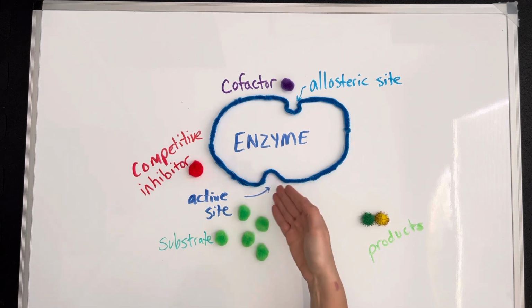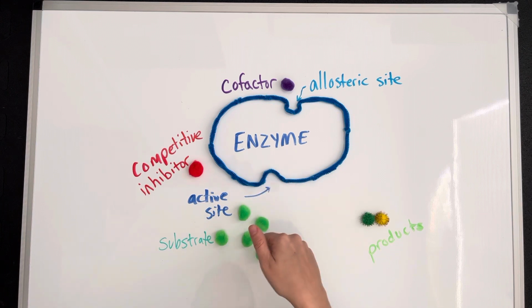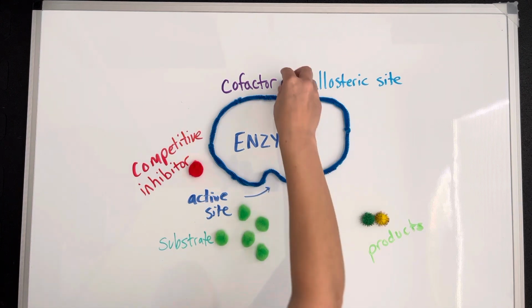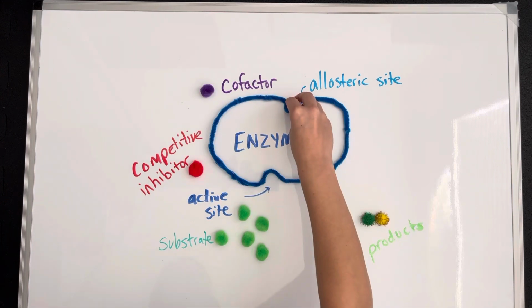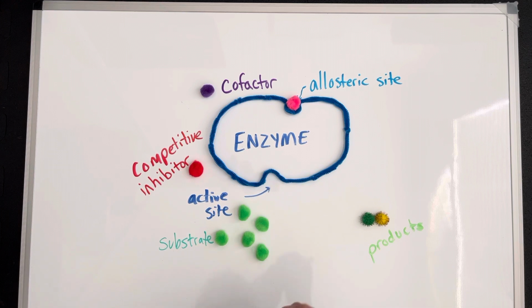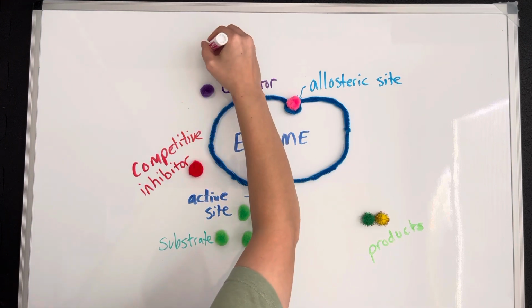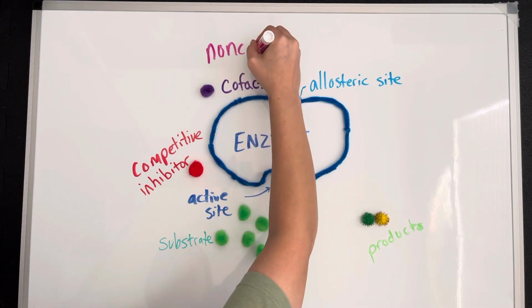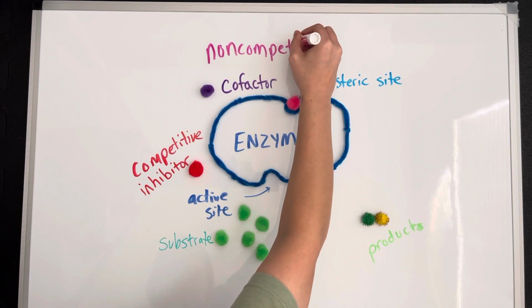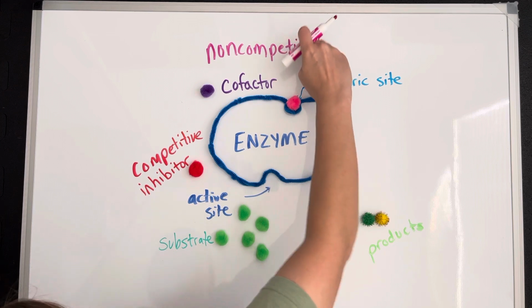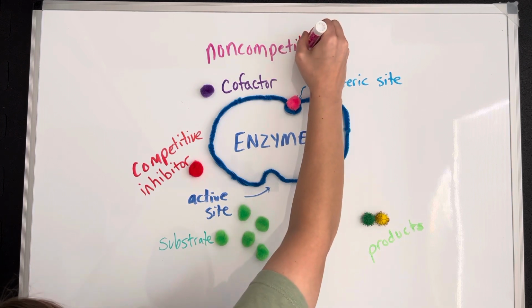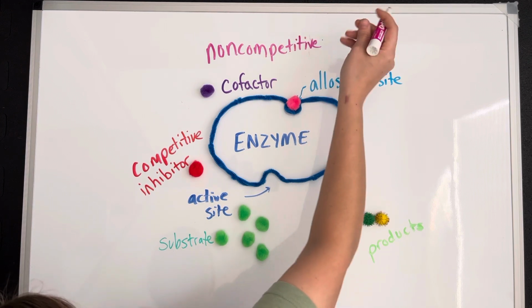Now, if something can bind in the active site that's not our substrate, that means something can probably bind in the allosteric site too that's not our cofactor. And indeed it can. And this is a non-competitive inhibitor. Whoops, I can spell, I swear. That's probably still wrong.